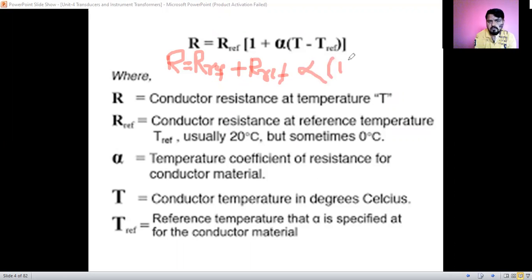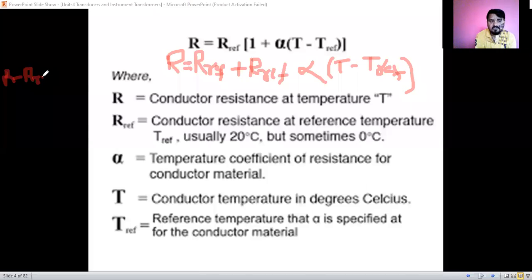Now can you split this one? Can you write the formula for alpha? To send this R reference into the LHS side, it will become R minus R reference.